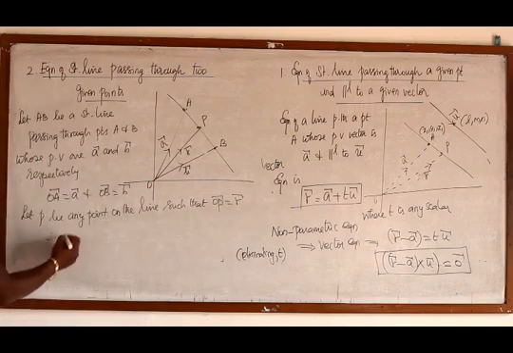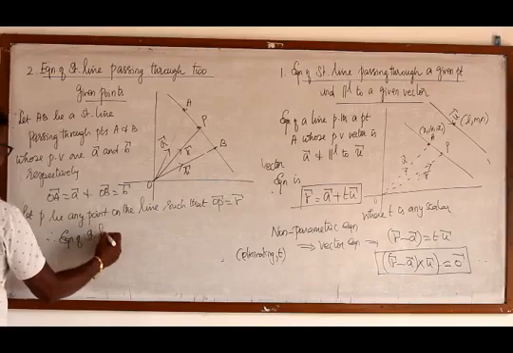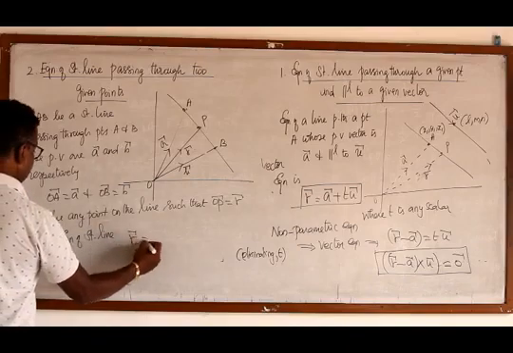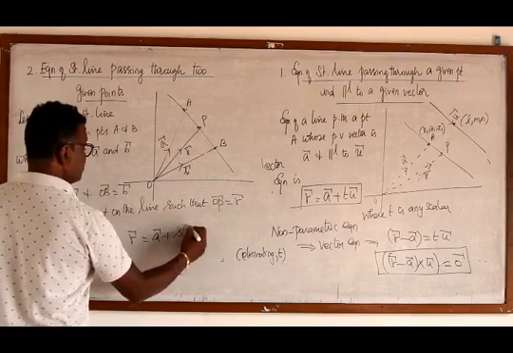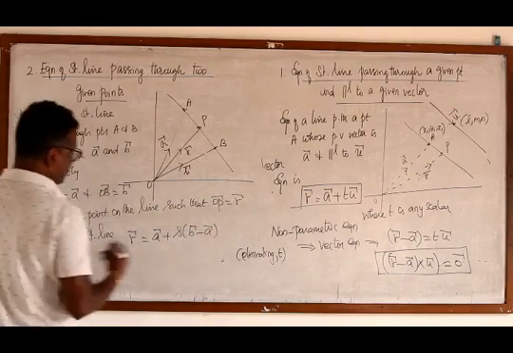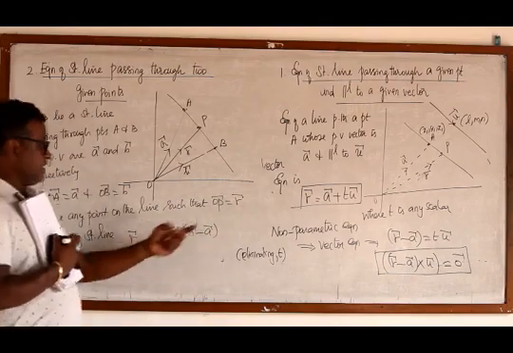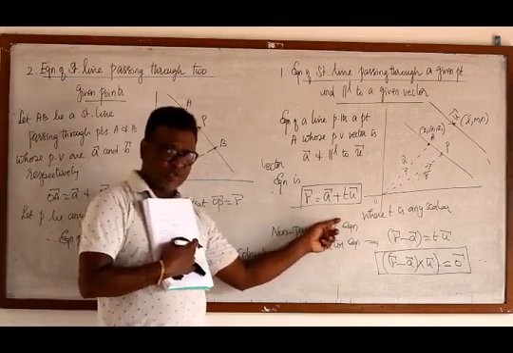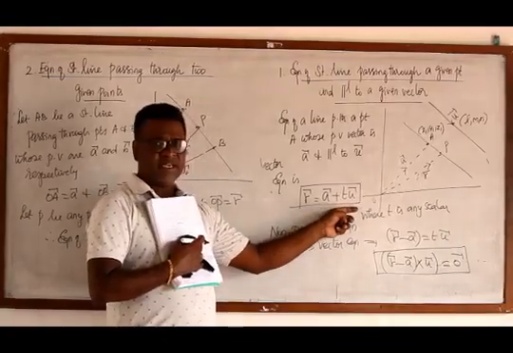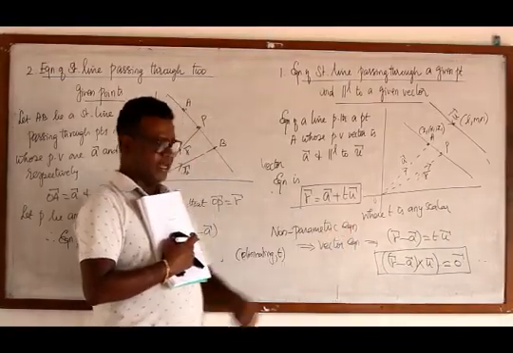Therefore, the equation of the straight line is r vector equal to a vector plus s into (b minus a) vector, because I have to give it the same format, that is one general vector equal to one point, then a vector multiplied with a scalar.